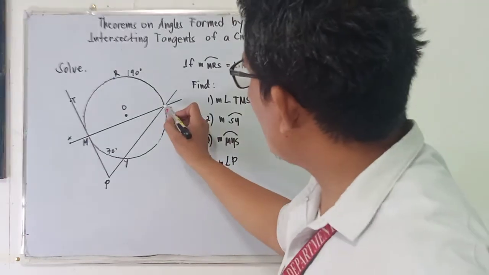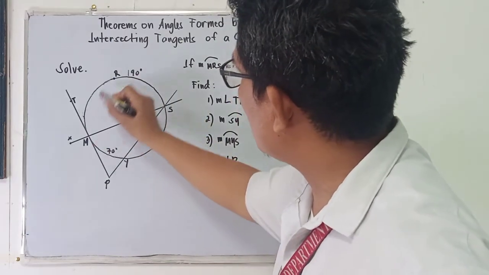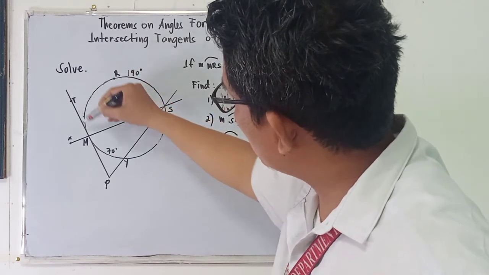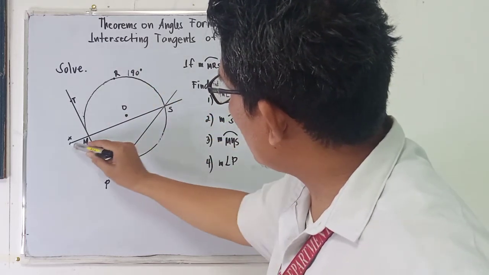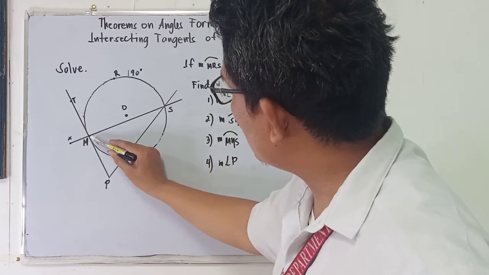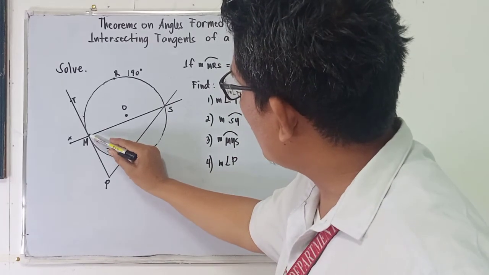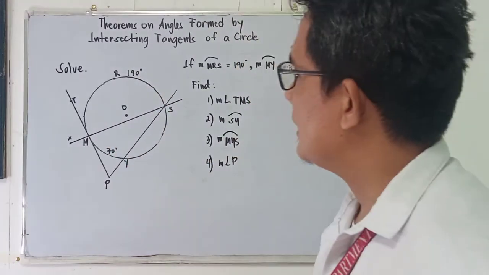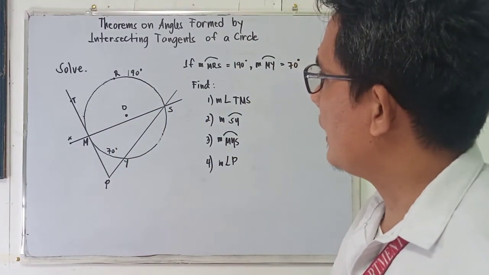Since this is the intercepted arc of the angle formed by our tangent and secant intersecting at the point of tangency, this angle is half of 190. Are we clear?